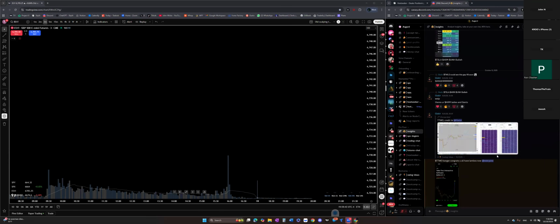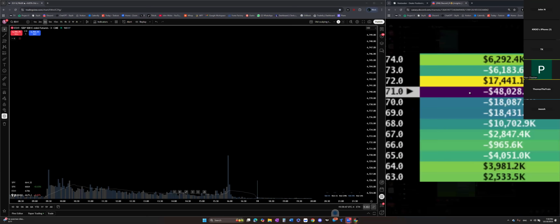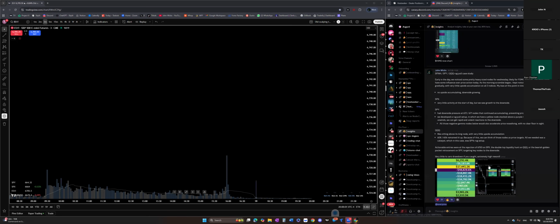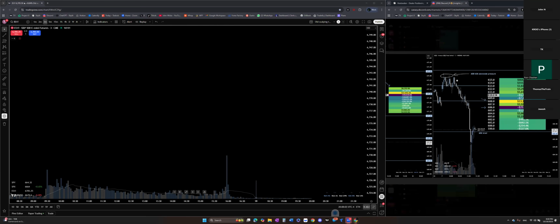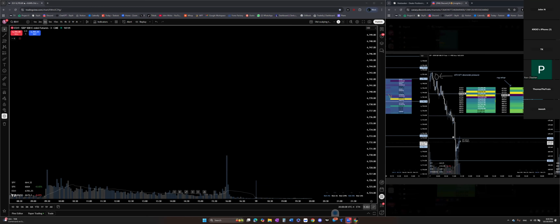See how we have a ceiling at 672, and we have a purple node stacked below the ceiling at 671, and we have negative nodes to accelerate the move, right? That's characteristic of a rug setup. And we got this massive, massive dump. So here's that rug setup I was talking about. We got that massive acceleration, that massive violent thrashy rejection to the downside because we got that rug setup.